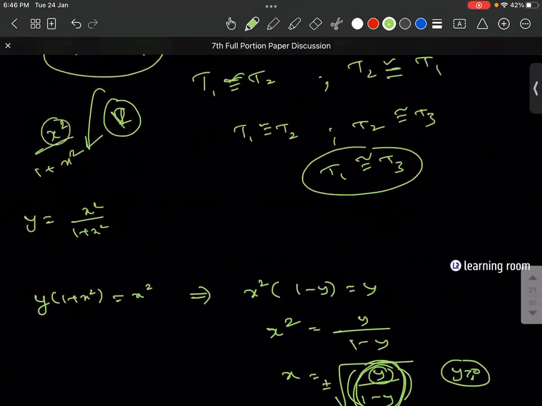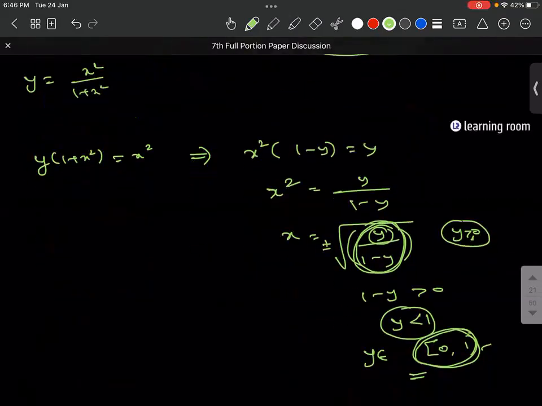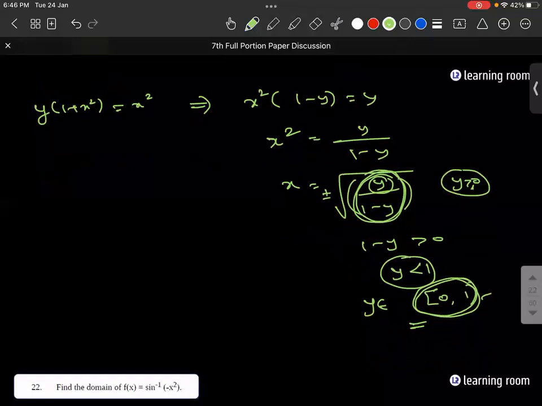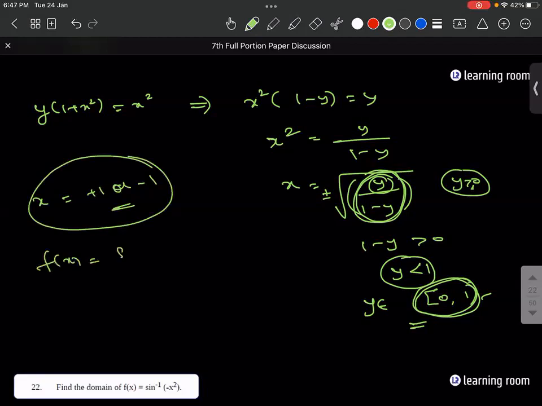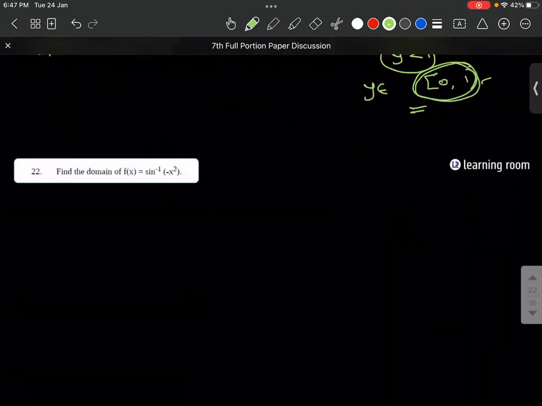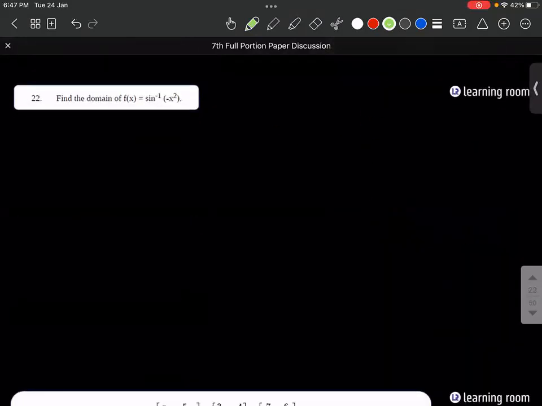Because you have a quadratic here. f of x is equal to x square divided by 1 plus x square. For example, if you take x is equal to plus 1 or minus 1, f of x will be the same. Am I right? Hence, it is not a one-to-one function.